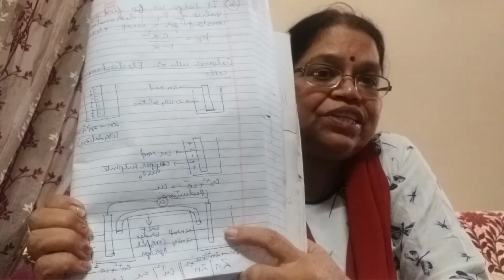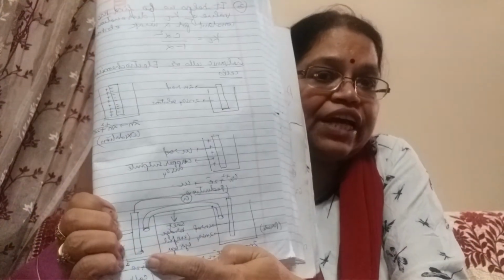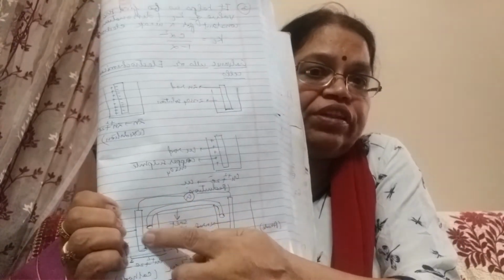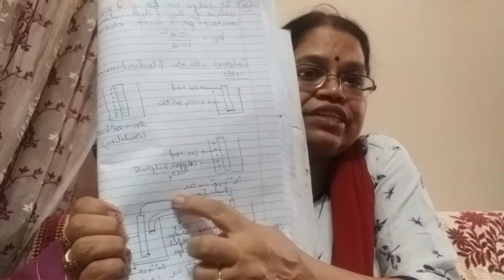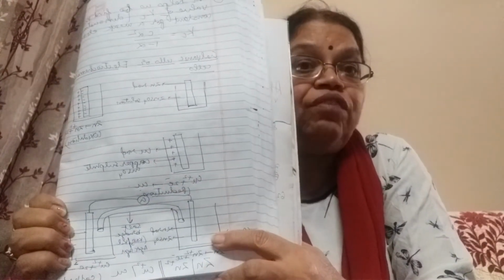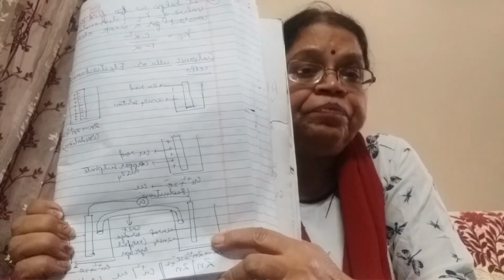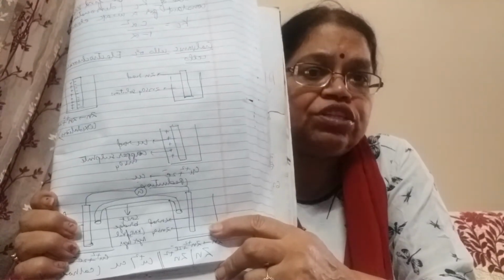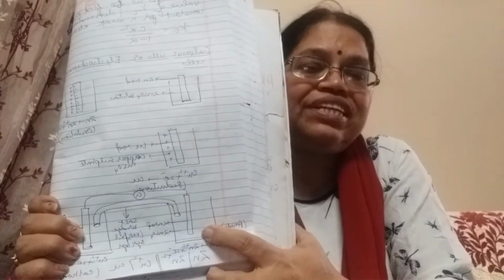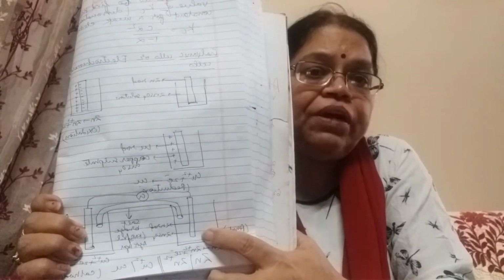Now what will happen in these solutions? Here zinc gets oxidized, zinc loses electrons, these electrons get accumulated on the metal strip, move through the external circuit, through a galvanometer, and come into this half cell where there are a lot of copper ions. These electrons move towards this electrode, and here copper ions get reduced.